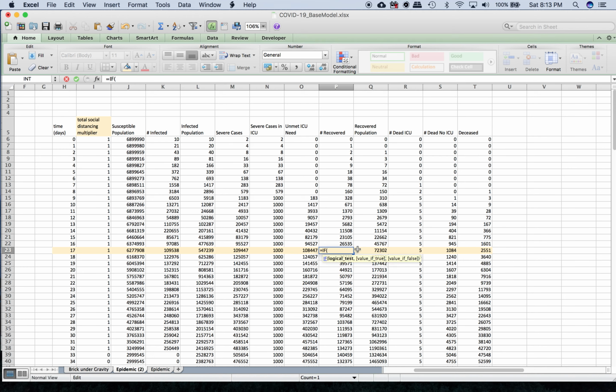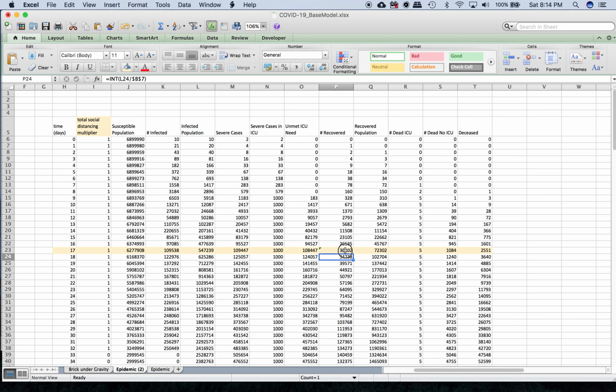So if the sum, so I'm going to do a sum as well, of the previous 18 days, and that's 18 selected, equals 0, then I want it to equal the infected population, else, and that's my original statement. And I'll explain what this is doing in a second. So close parenthesis, I believe that's correct.